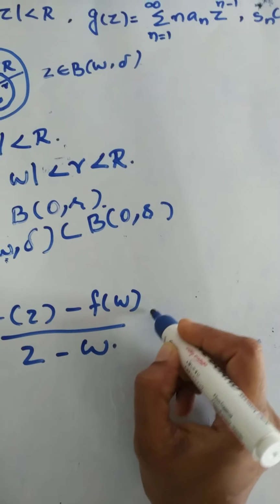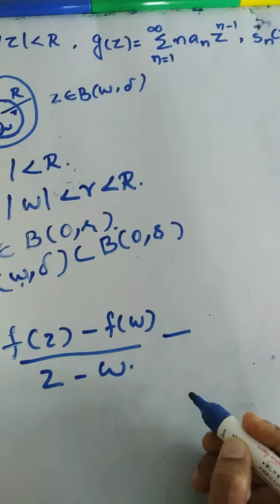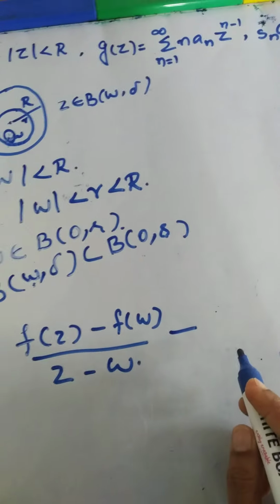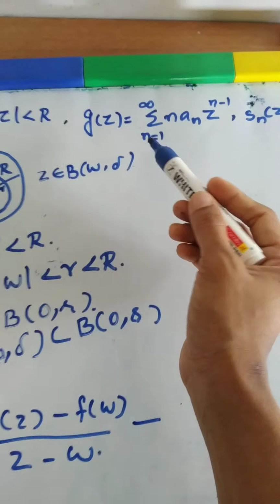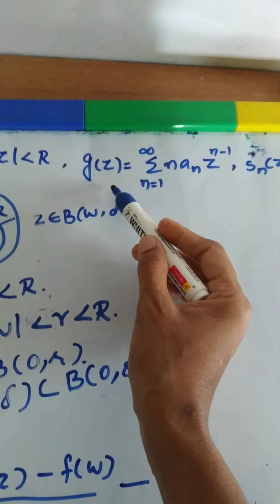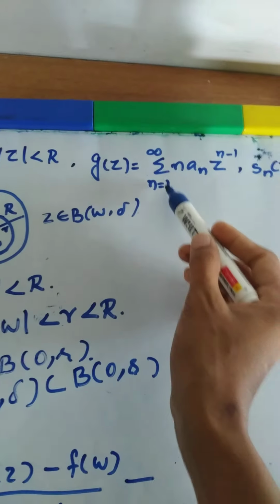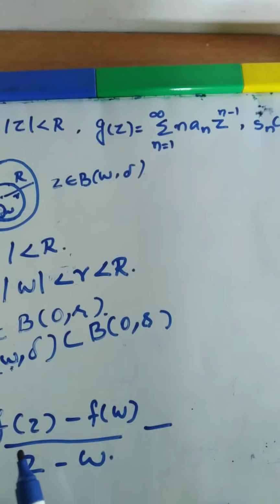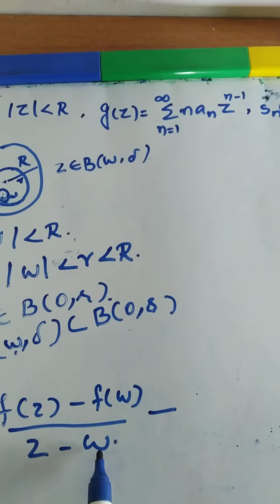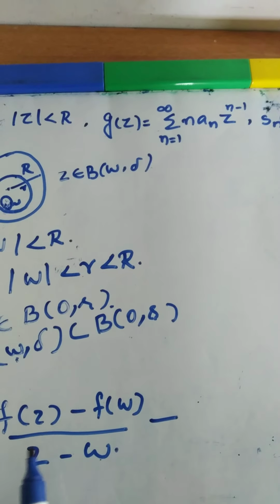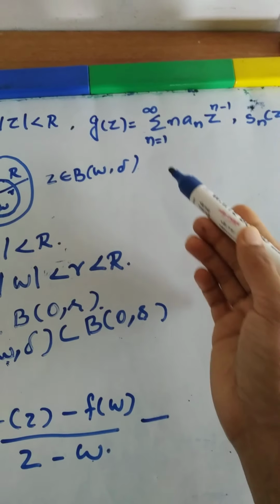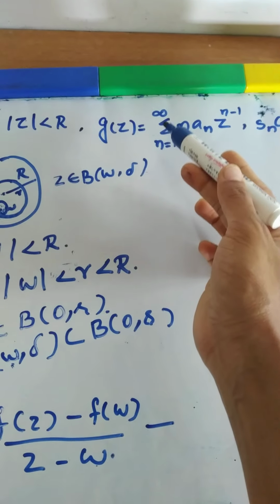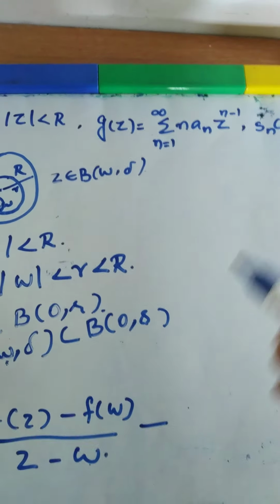F of Z minus F of W divided by Z minus W, minus what is your F dash of W here? You just look at this function G of Z. G of Z is sigma n equals 1 to infinity n a n z raised to n minus 1. So you want to show that F is differentiable at this point W, and F dash of W is of the form sigma n equals 1 to infinity n a n W raised to n minus 1.